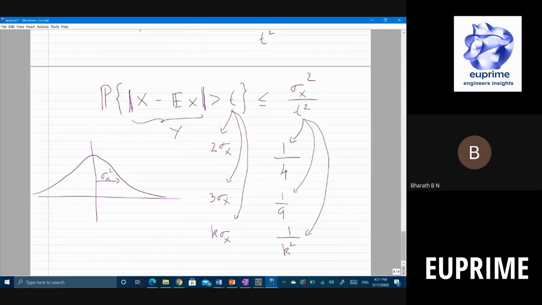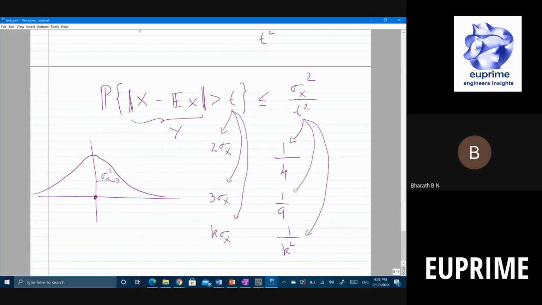So this is called Chebyshev's inequality. It doesn't tell you much in the sense, conceptually it says something, right? It says my deviation from the mean is bounded by the variance, the spread. So if the spread is less, then my deviation from the mean will also be less, right?